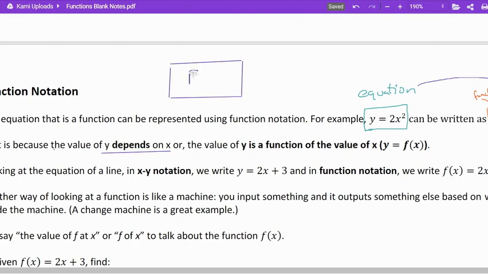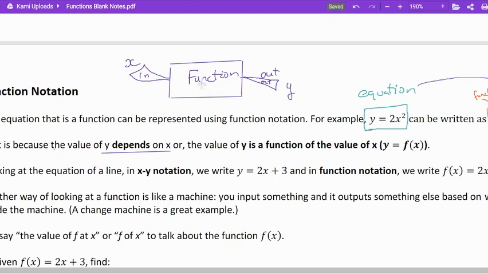Actually, instead of calling it a rule, we call it a function. And so what goes into the function machine? What's the input? That's the x values. And what comes out? That is the y value.